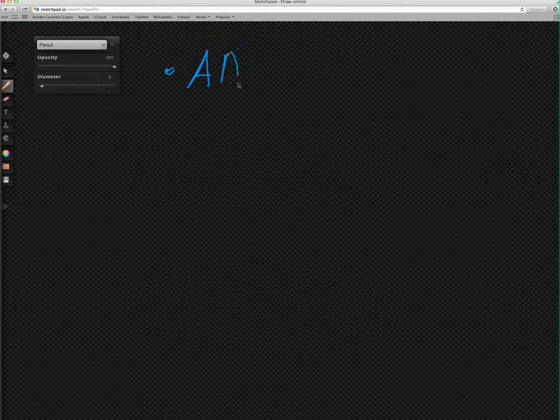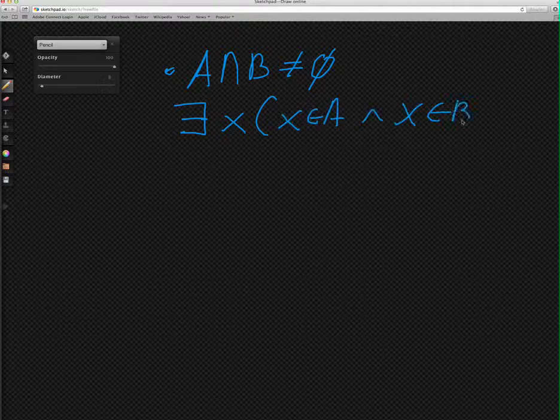A intersect B is not a null set means that there does exist some X such that X is an element of A and X is an element of B. Cool stuff.